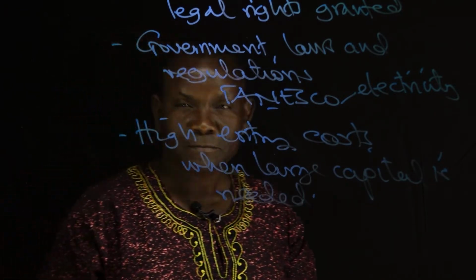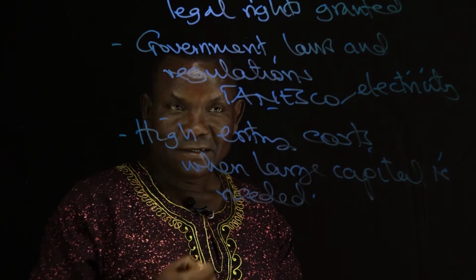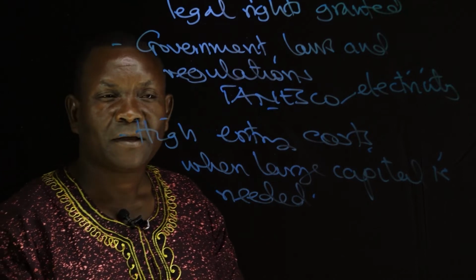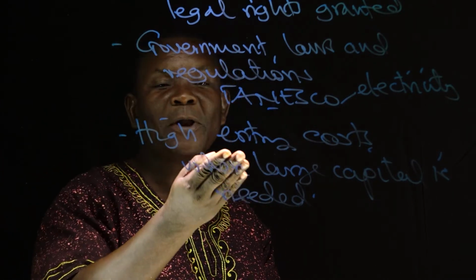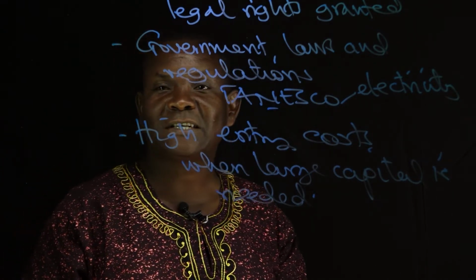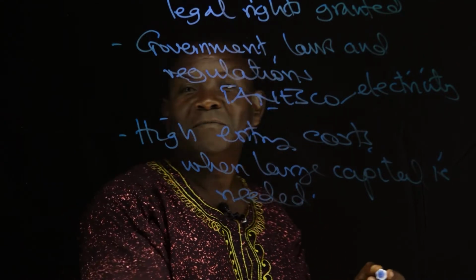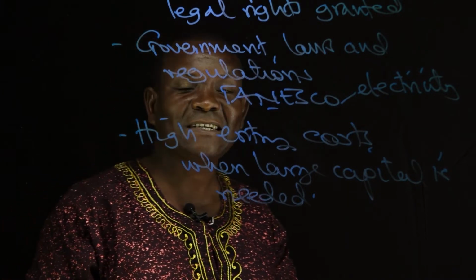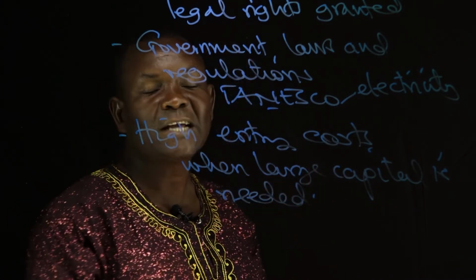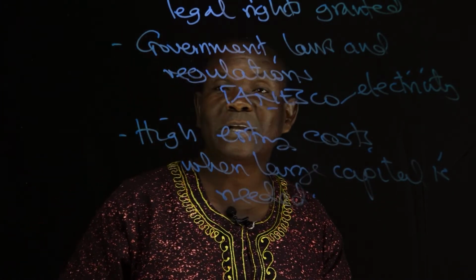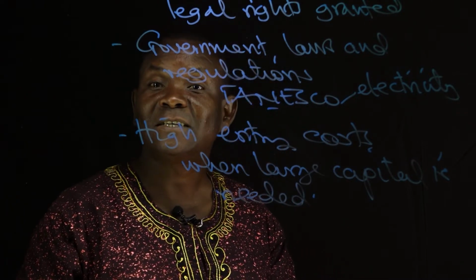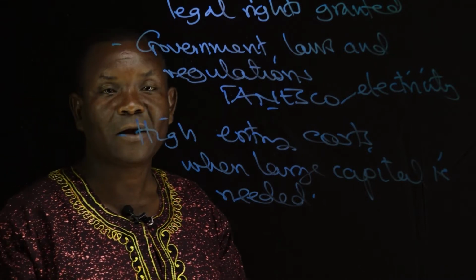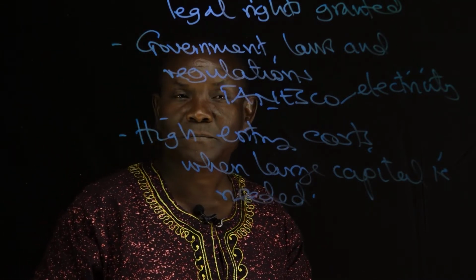For instance, TRC, Tanzania Railway Corporation, has the monopoly over railway transport simply because other firms are unable to offer that service. The capital to construct a railway line is very huge, such that a normal person cannot afford it.